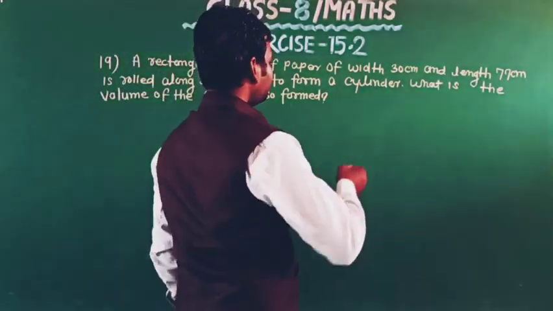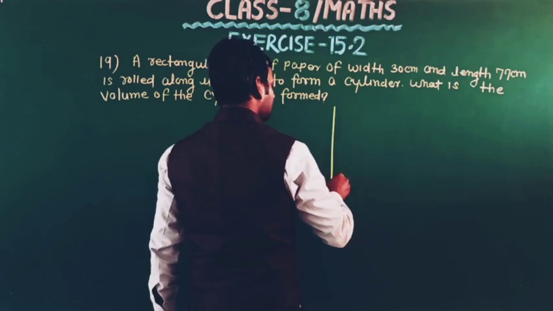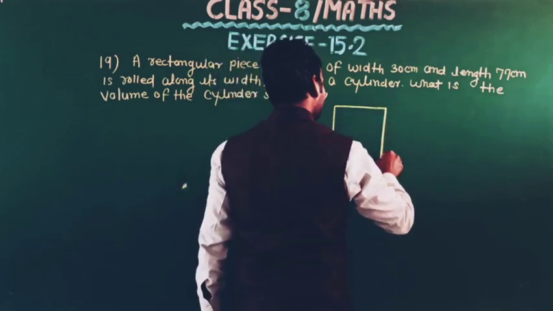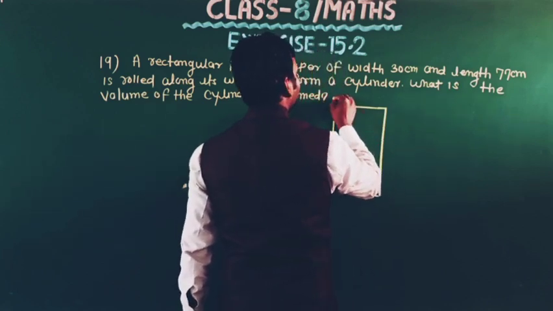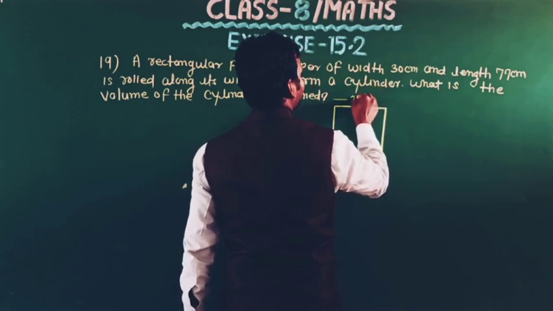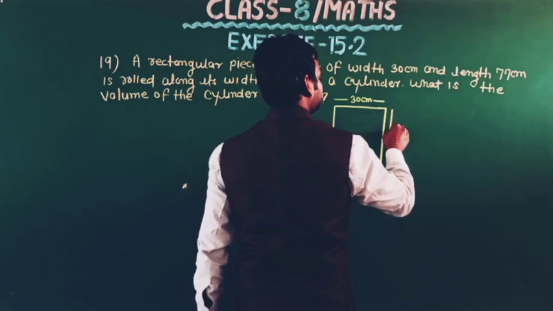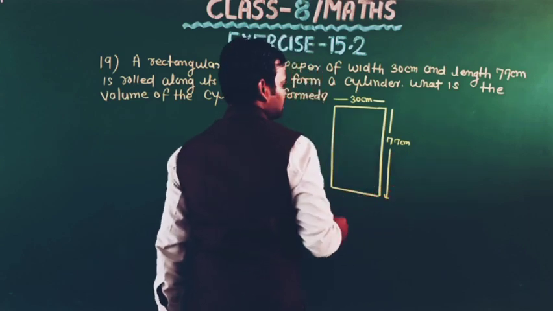So we have a rectangular piece of paper whose width is 30 centimeter and length is 77 centimeter.